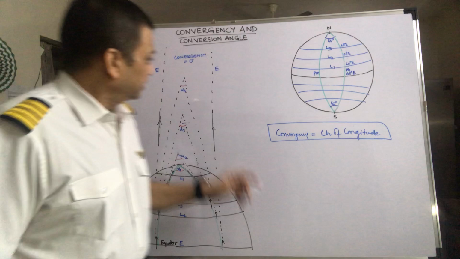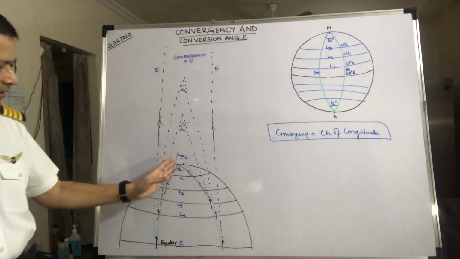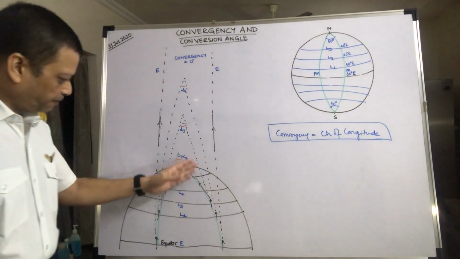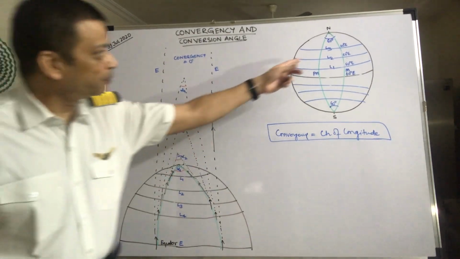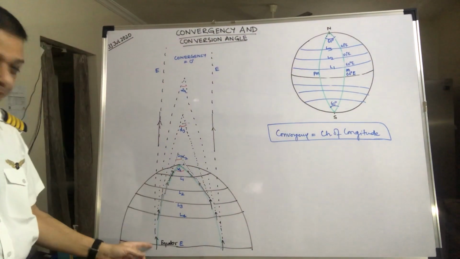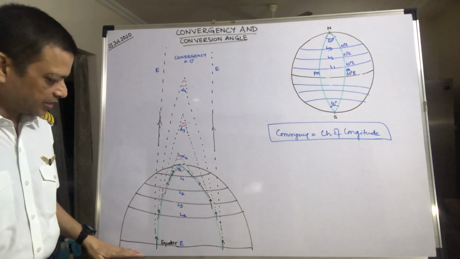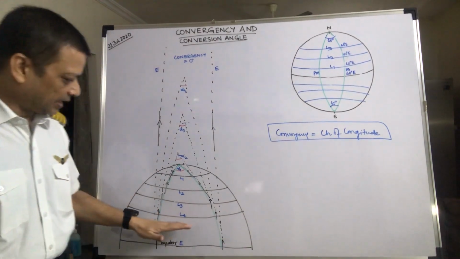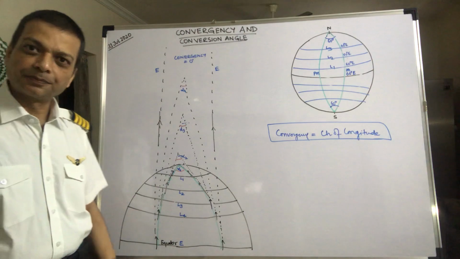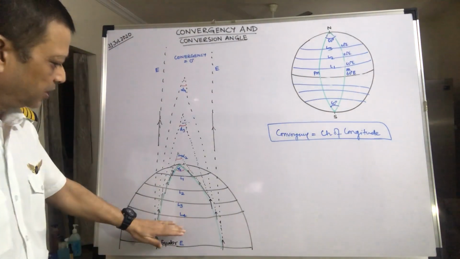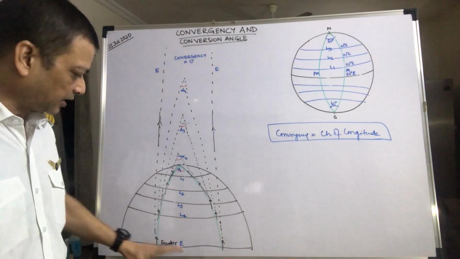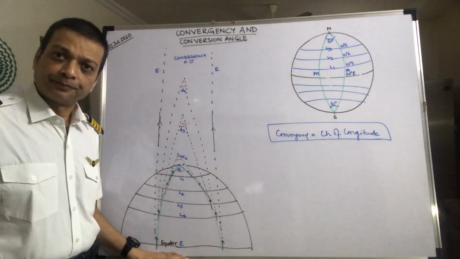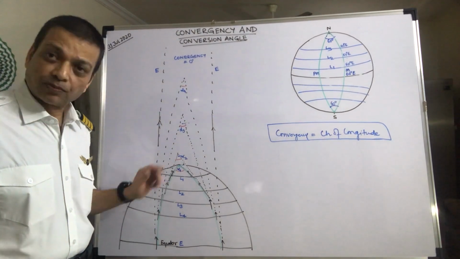Here you can see this is your Earth. The same two meridians I have taken. This is your equator, and these are the latitudes. I have assumed the latitudes as L1, L2, L3, and L4, and the last one is your equator. Obviously, this is your North Pole.